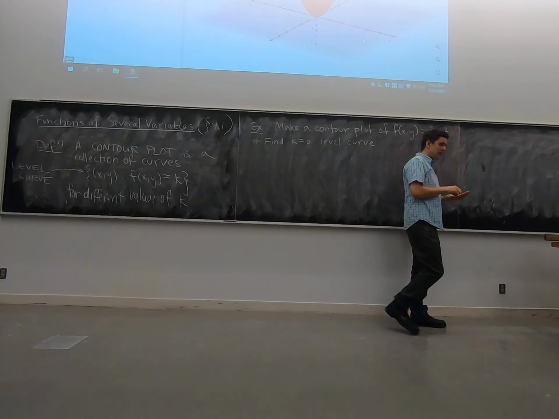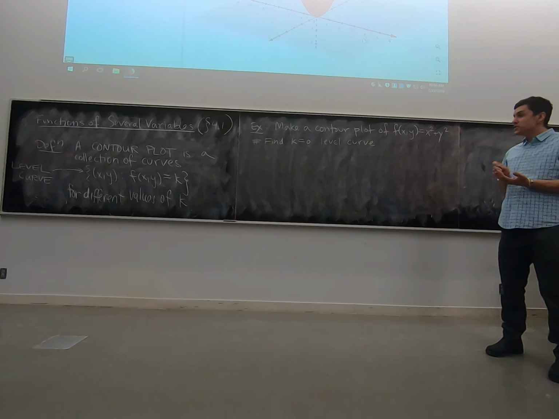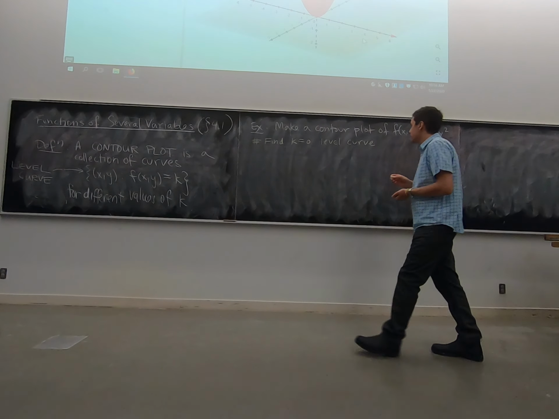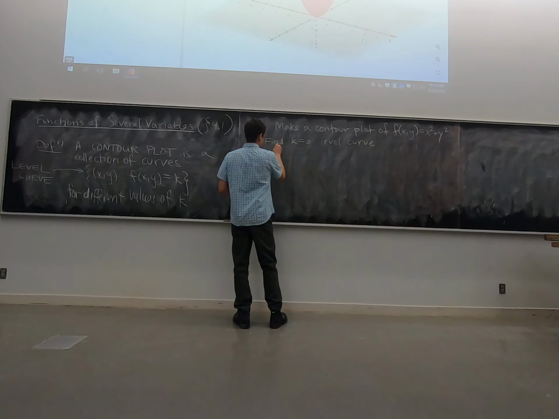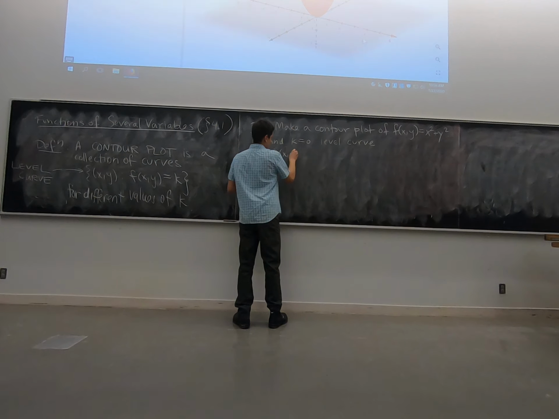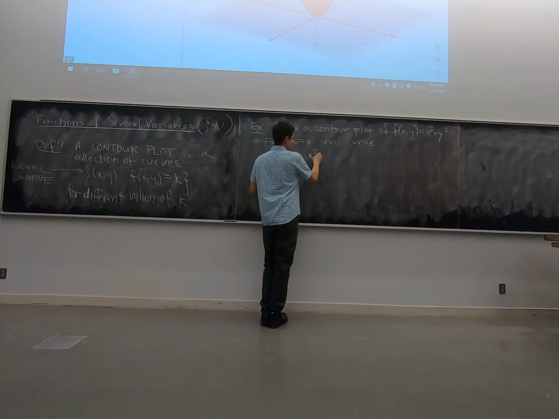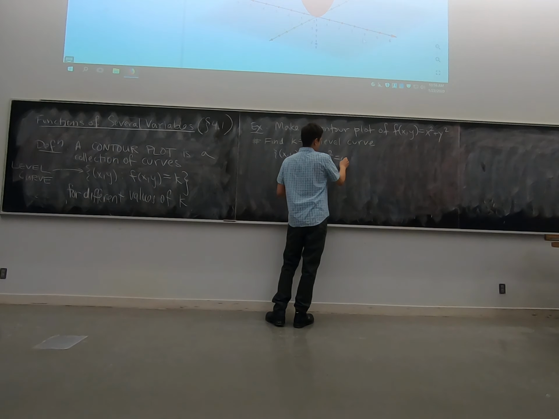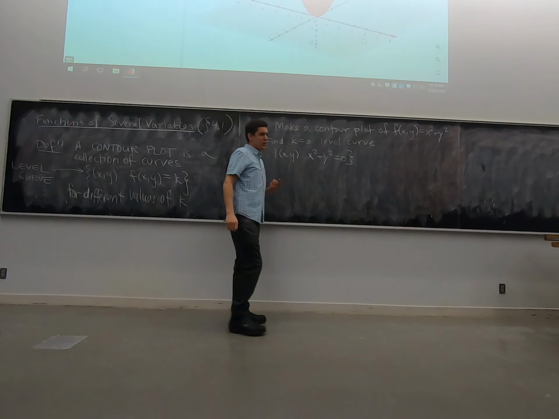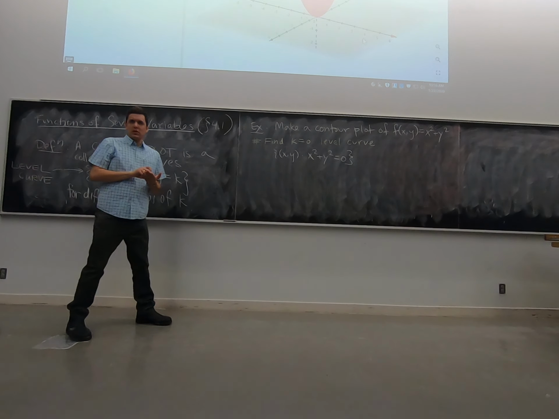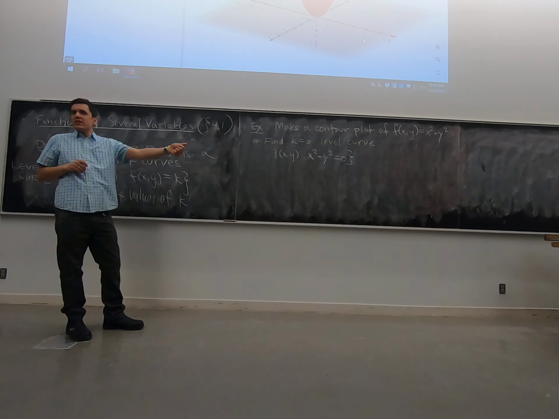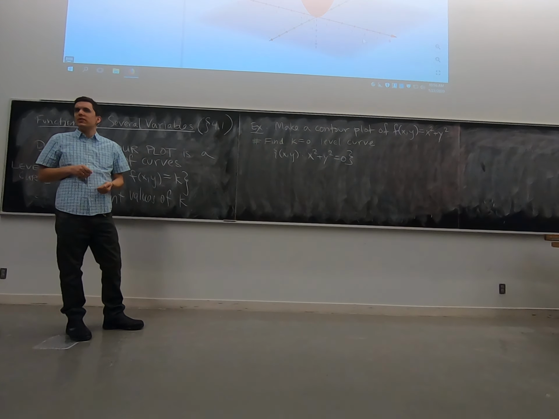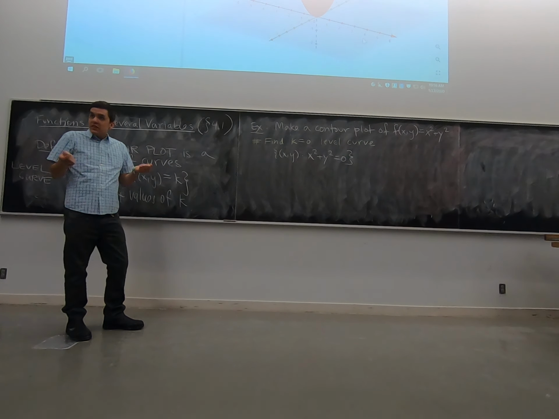Okay, so we'll make the k equals 0 level curve. What numbers satisfy this? X squared plus y squared is 0. 0, 0. Right, just 0, 0.